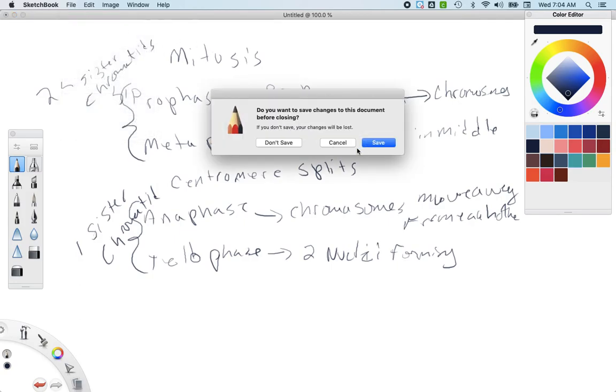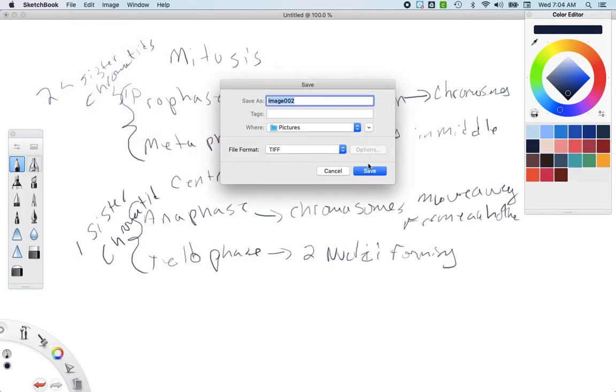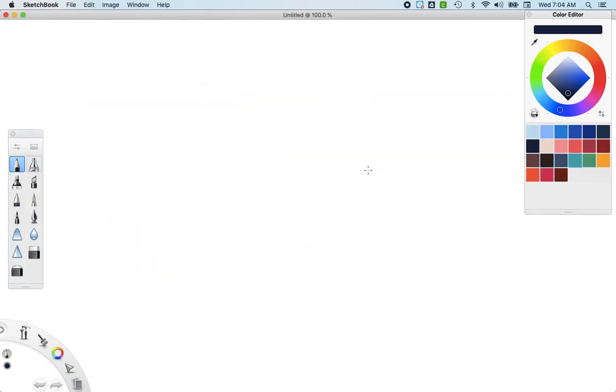New save. Let's hope this comes up. Oh, it does. O2. So, let's start with a cell in interphase. A cell in interphase is going to have one copy of each chromosome.